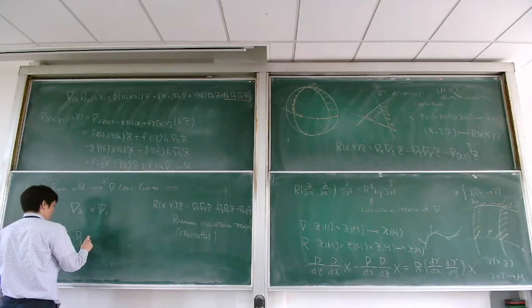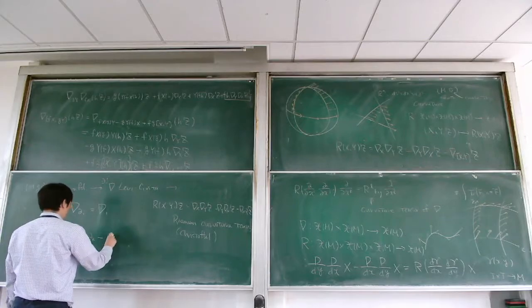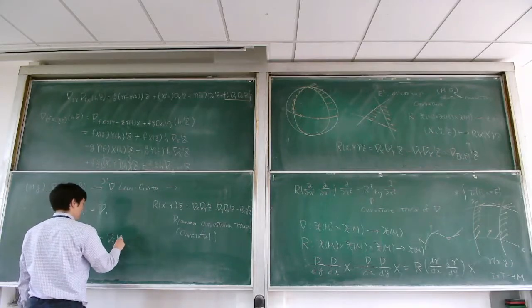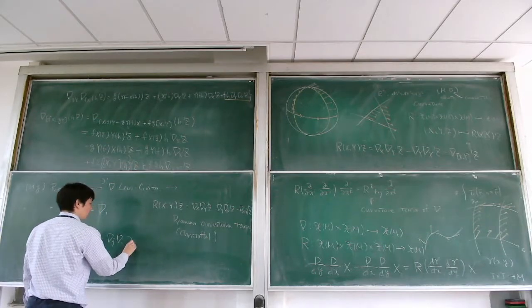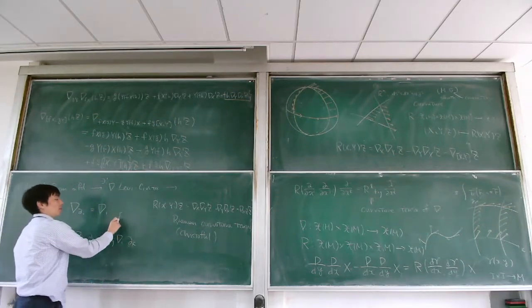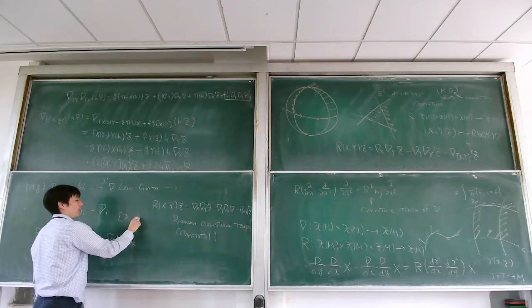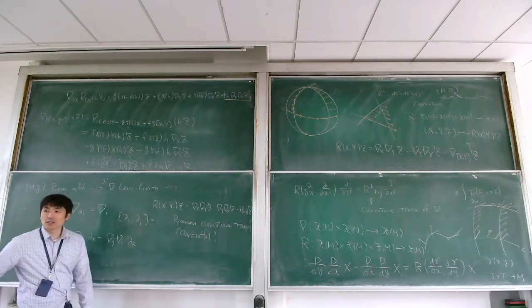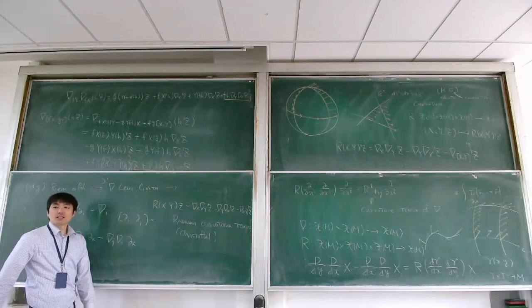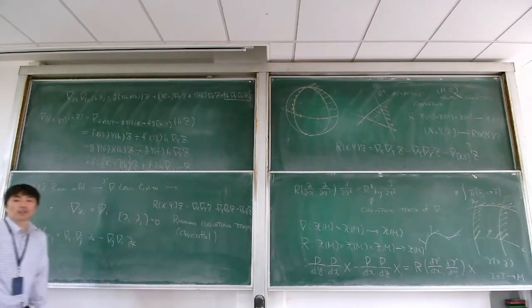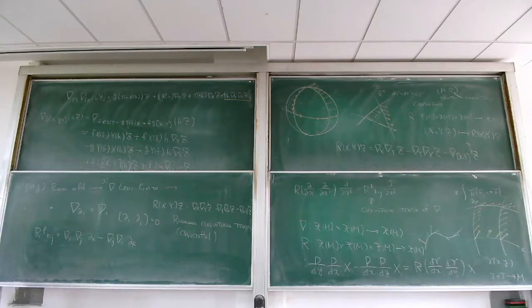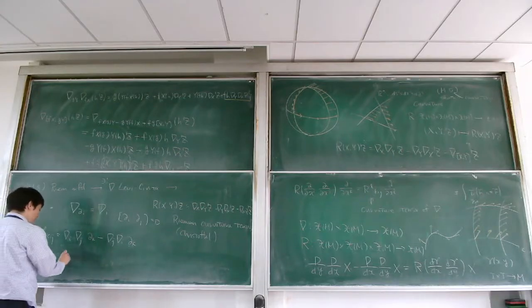And of course, the commutator of i and j is equal to what? 0. Okay. So you can forget about this term. And then you just do this exercise, the same exercise.